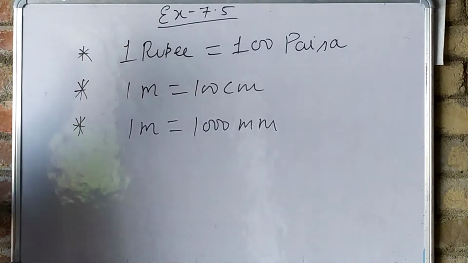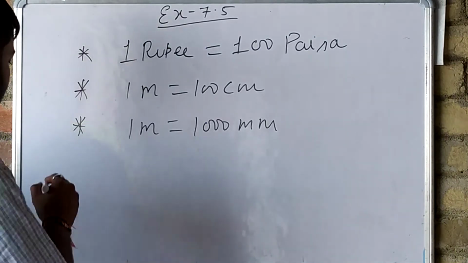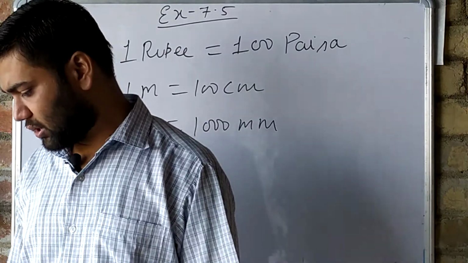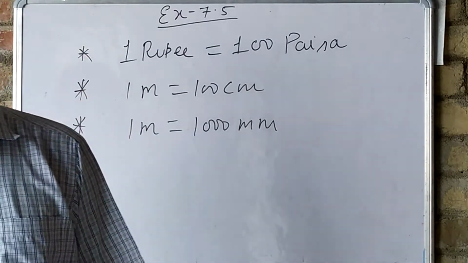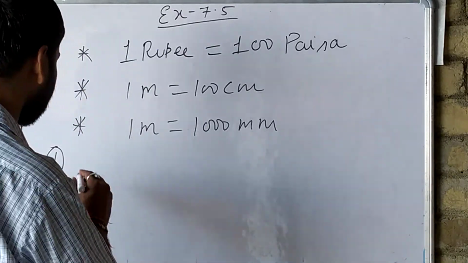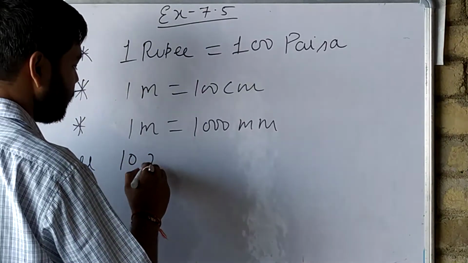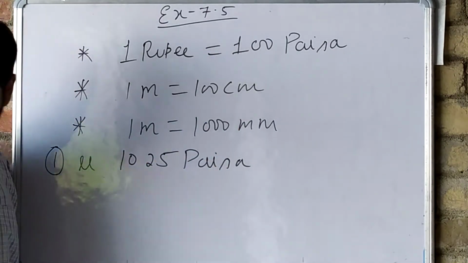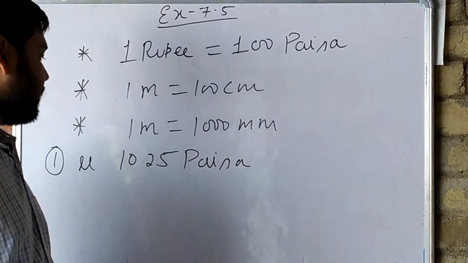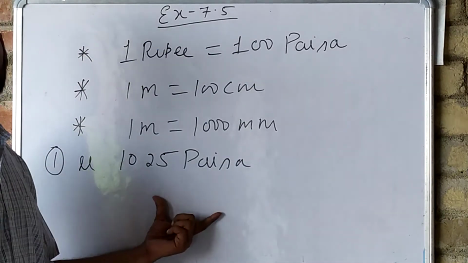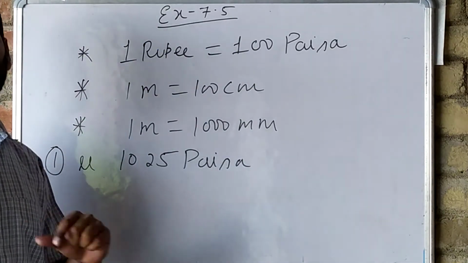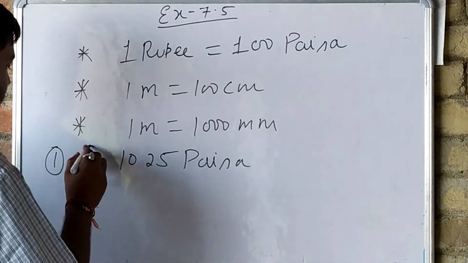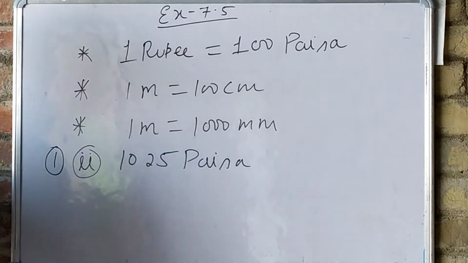So see question number 1 given in exercise 7.5, second part, 1025 paisa. It is given, and we have to convert this 1025 paisa to rupees. So in 1 rupee we will have 100 paisa.